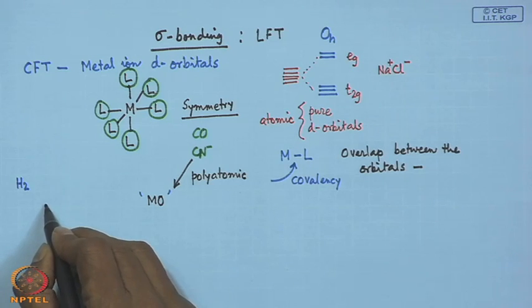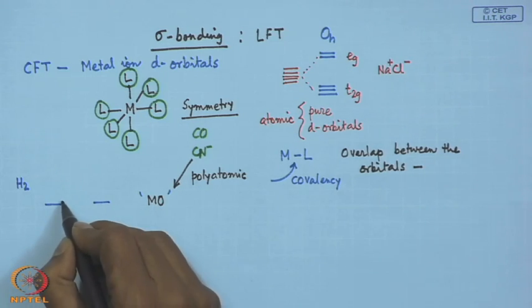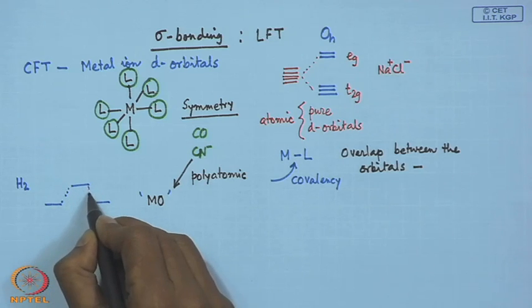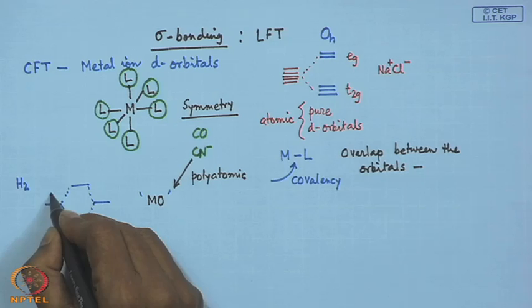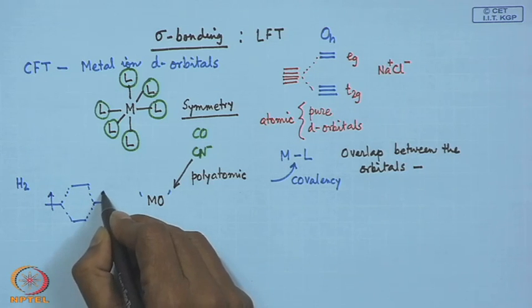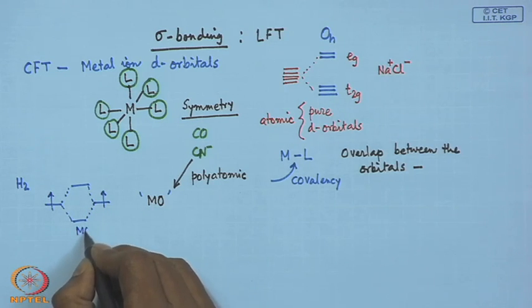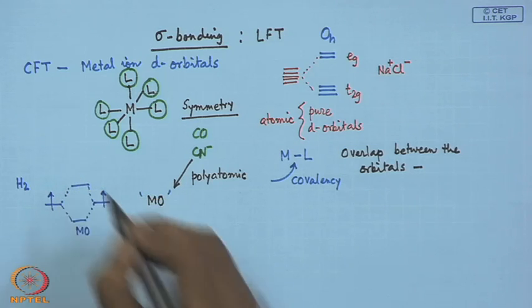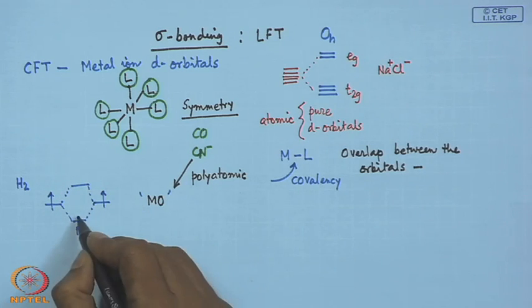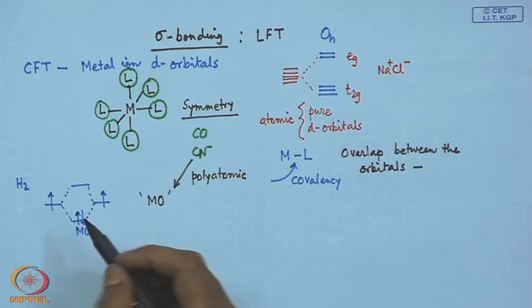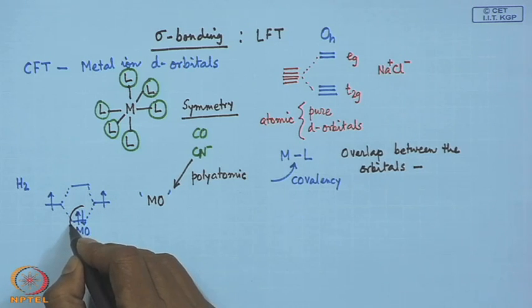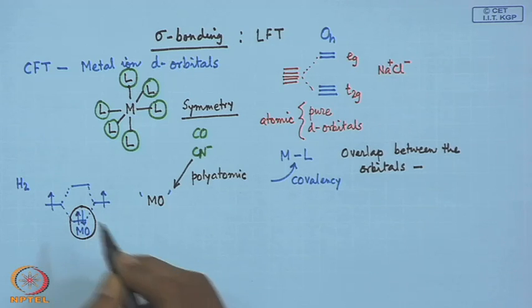For the hydrogen molecule we can have the molecular orbitals like this. One is the bonding molecular orbital and another is the anti-bonding molecular orbital. The picture tells us that the two electrons of the hydrogen molecule are present in the bonding molecular orbital.